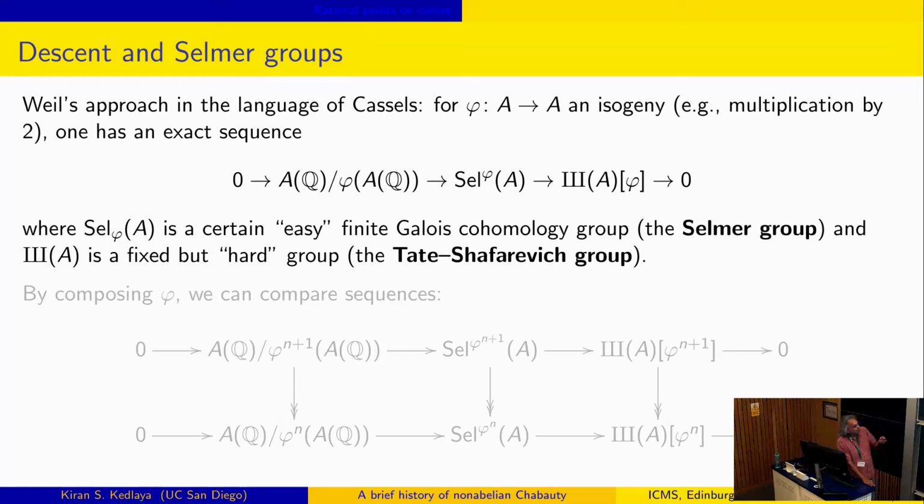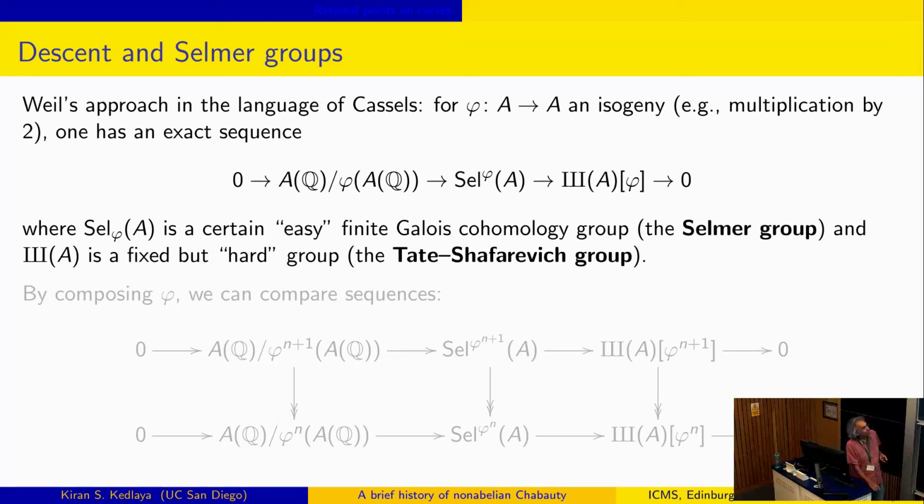So what happens is this group of rational points mod, say, multiplication by 2, fits into an exact sequence, where I believe this formulation is due to Kummer's. You have this Galois cohomology group called the Selmer group in the middle, which is relatively easy to compute. For example, if A is an elliptic curve and phi is multiplication by 2, you can open up Silverman's book on elliptic curves and just read the definition of the Selmer group.